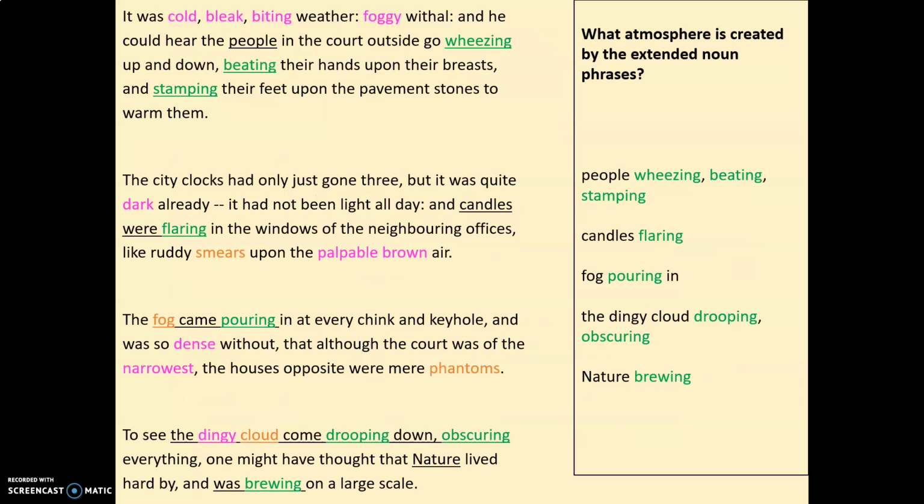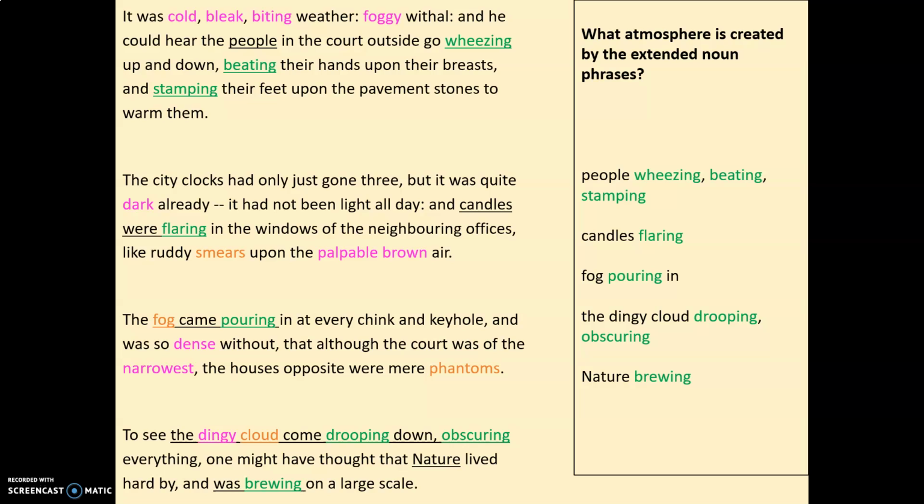Okay, we're looking at the verbs here, and they are the ones highlighted in green. Hopefully you've picked out 4 of those. You might want to add the rest to your annotations of your extract. And I want you to spend just a minute or so thinking about how the atmosphere is created by the extended noun phrases. So they're listed below here.